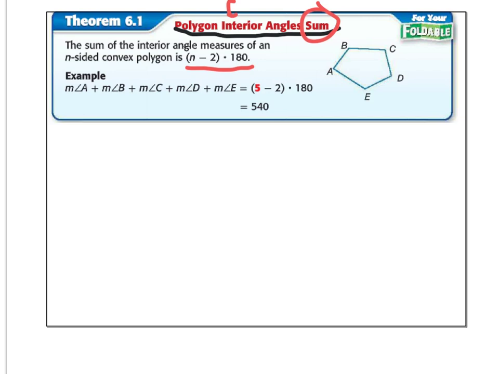So I said I was skipping pentagon before. This is a pentagon. Why is it a pentagon? Because it's got 1, 2, 3, 4, 5 sides. So how many triangles can I make inside of here if I connect this corner? If I connect this corner, I can make 3. That's why I take 3 180s to get my total degree measure, which is 540.